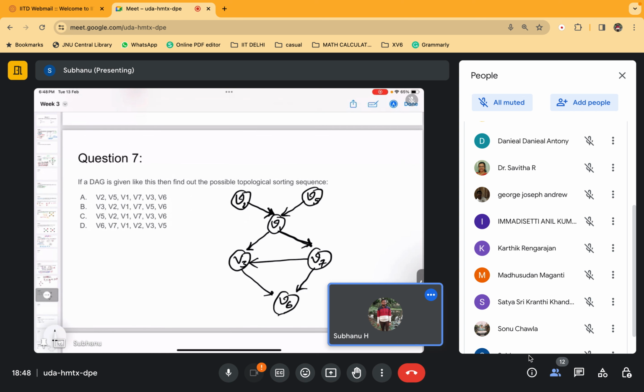So now what will be the possible topological sorting sequence in this case?